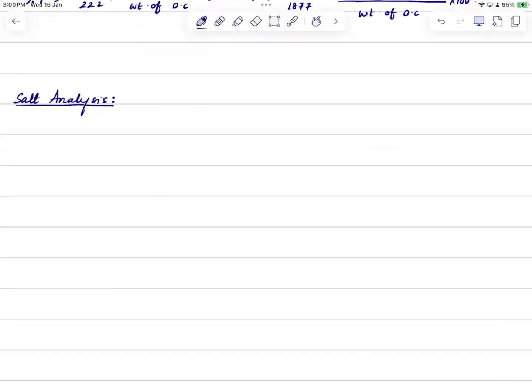From salt analysis part, first check out cations. What are the cations you need to revise? The reactions as per NCERT: Pb2+, Cu2+, arsenic is important, guys. This is a part of NCERT. Then Al3+, then Fe3+, correct? Manganese 2+, nickel 2+, right?